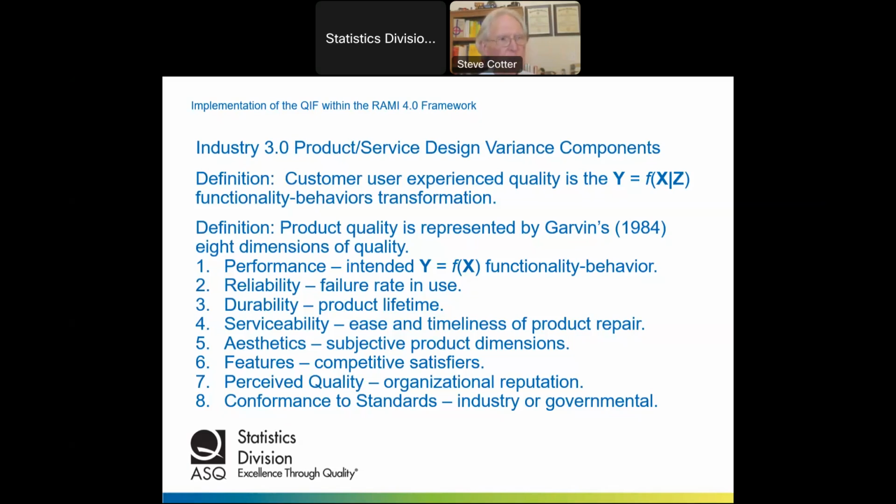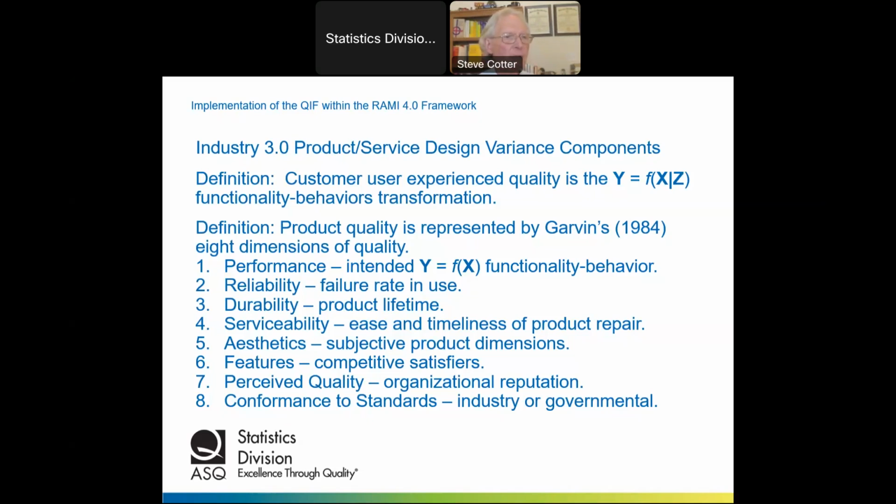One was transcendent, some idea of excellence. 2, product-based, product differences. 3, user-based, attributes, services capable of fulfilling customer needs and wants. 4, manufacturing-based, meets specifications or doesn't meet specifications. And 5, value-based, the degree of excellence per unit price.